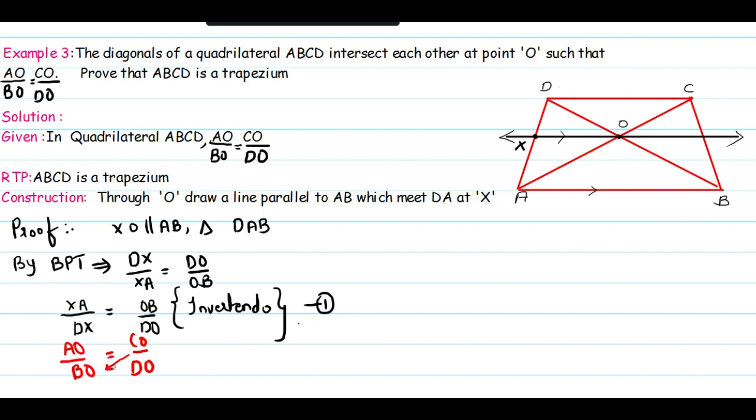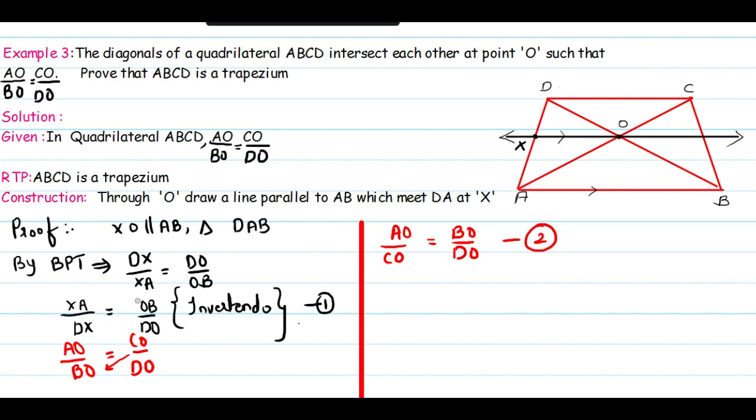I will bring CO into the denominator by transposing it, and BO can be transposed to the RHS to get it into the numerator. By rearranging we get AO by CO is equal to BO by DO. Let this be equation 2.